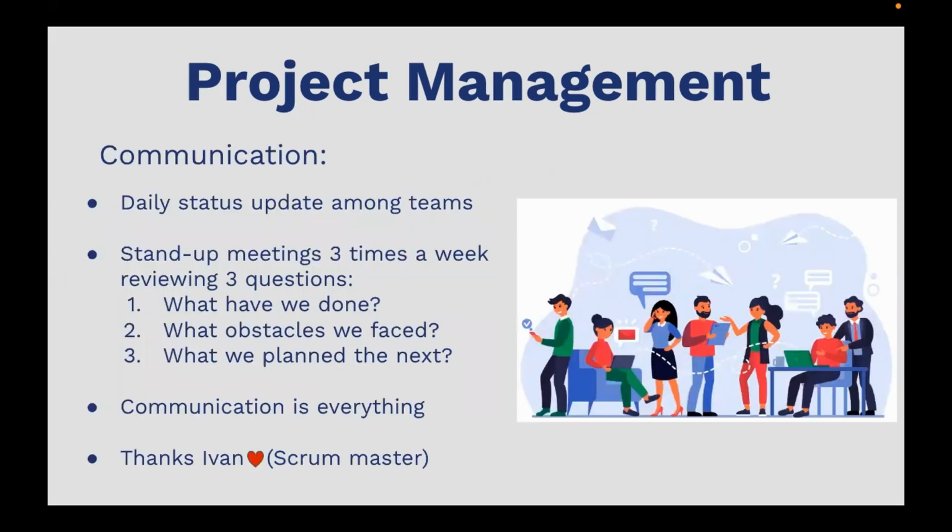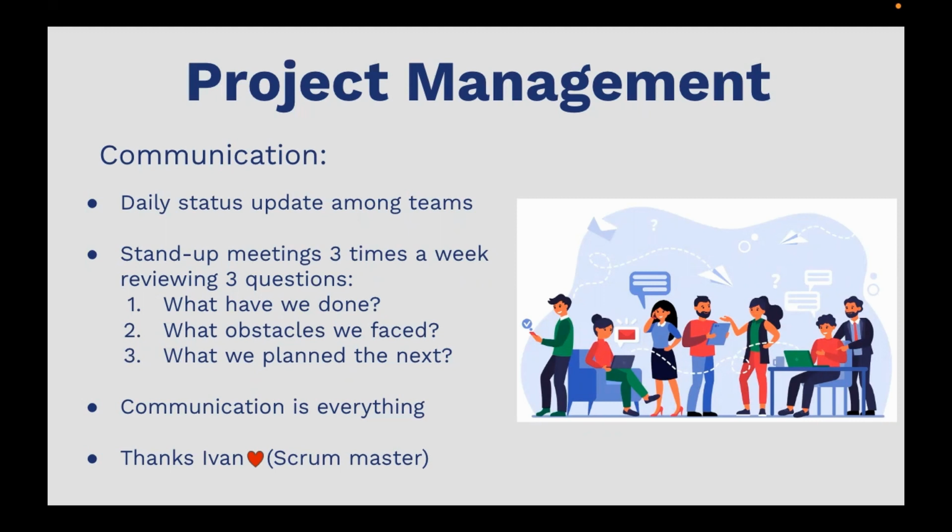Okay, here we go. So about the communication, we had communication 3 times a week with all project stakeholders. During this process, Ivan, our Scrum Master, was with us, and he helped us with managing this project. Thank you, Ivan. Thanks a lot for your nice help. We learned a lot from you. We needed to cover 3 main questions.